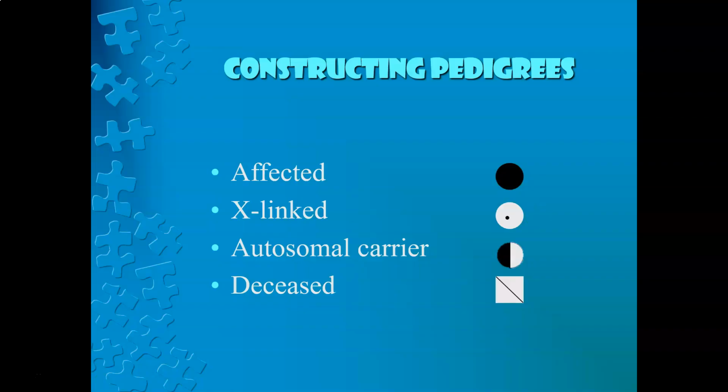And if you're building the pedigree and choose to use it, make sure it's something that you put in that key. Autosomal carrier, also another relatively common one where you shade in half the shape. And if you see a line through that shape, then that would indicate a person who is deceased, should they care to show that information.